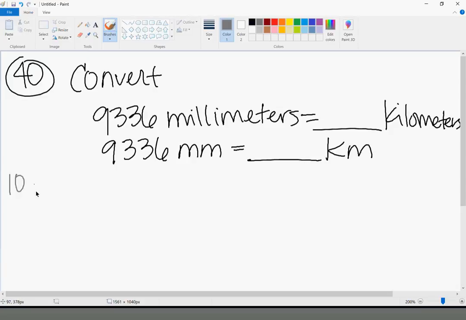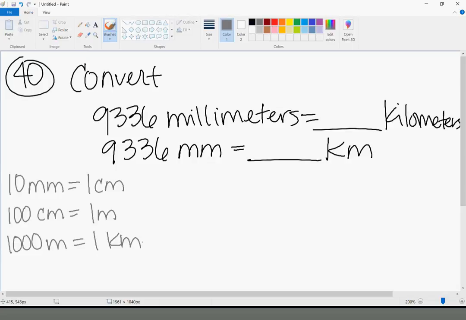They say that 10 millimeters equals 1 centimeter. That 100 centimeters equals 1 meter. And 1,000 meters equals 1 kilometer. Okay, so we're going to start off with the amount that we are given. We want to multiply that by some ratio that's going to cancel out the millimeters and get closer to kilometers.